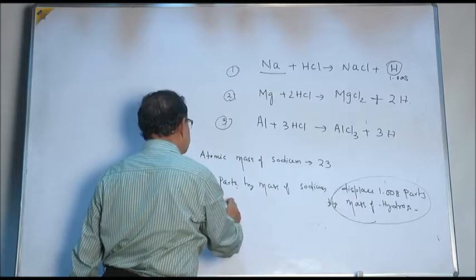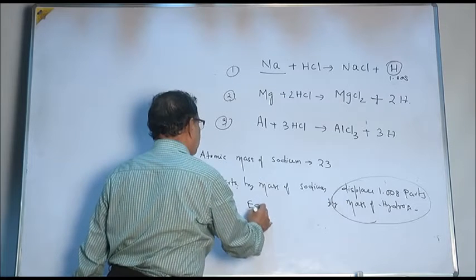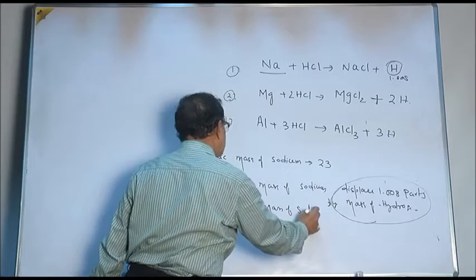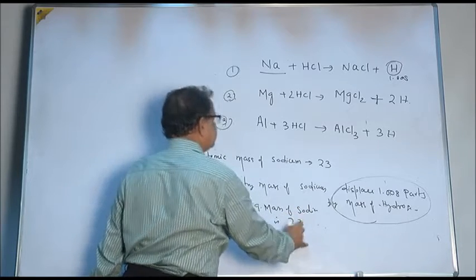Hence, the equivalent mass of sodium is 23, the same as its atomic mass.